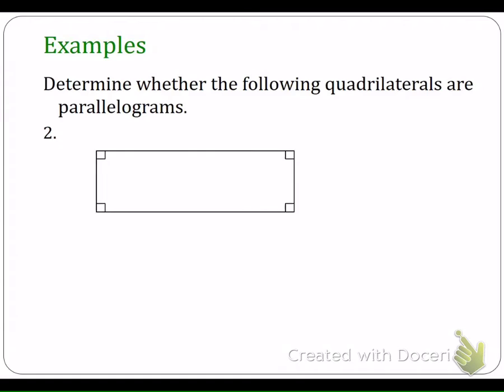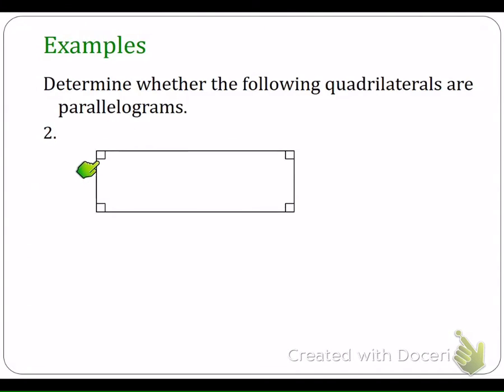All right, here's number 2. It says determine whether the following quadrilaterals are parallelograms. Is this one a parallelogram? Yes. Why would you say yes? Okay, I heard a few people say the word sides. Do I know anything about the sides? Did they give me anything in this diagram about the sides?